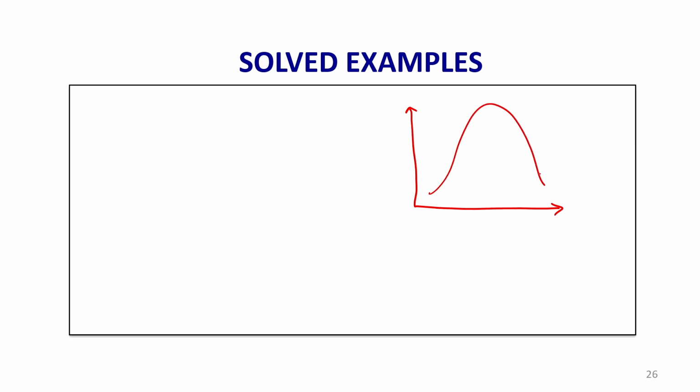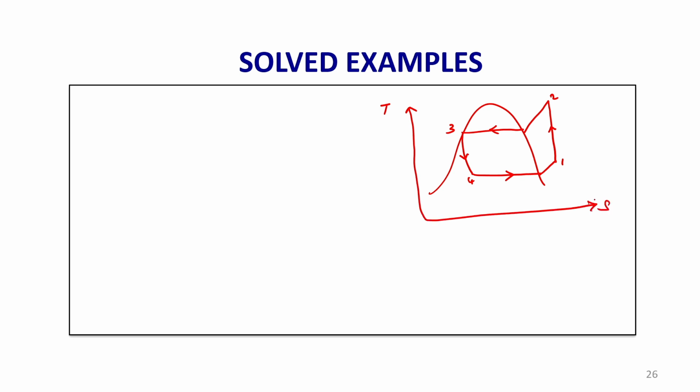So, here it is slightly heated, then it is 1 to 2, then we have the heat rejection process 2 to 3, 3 to 4. I have drawn a TS diagram, this is temperature, let us extend this one, this is the entropy line.